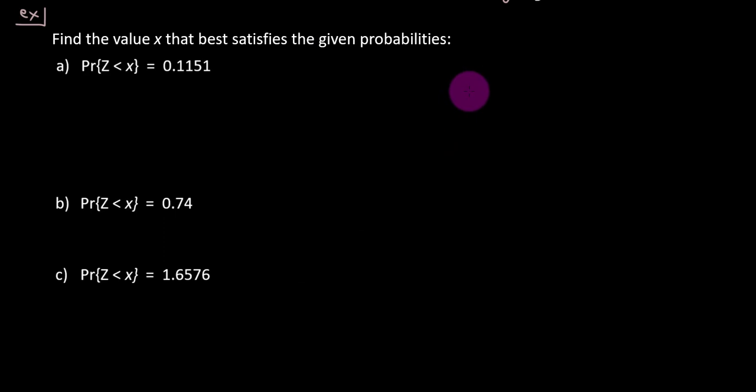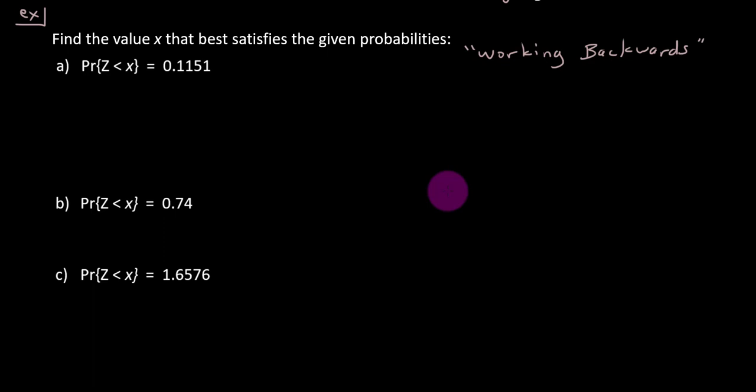Let's do some more examples, but this time I like to call these working backwards type of problems. And it's only backwards because it's not the first way we were introduced to this table, but it's very valuable in our future statistical processes to be able to go both ways.